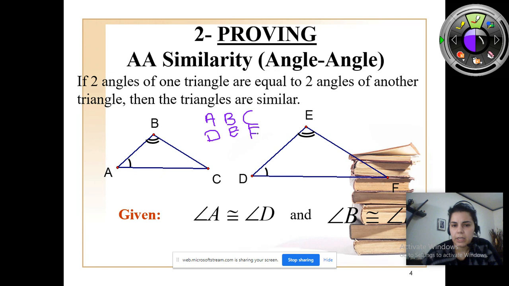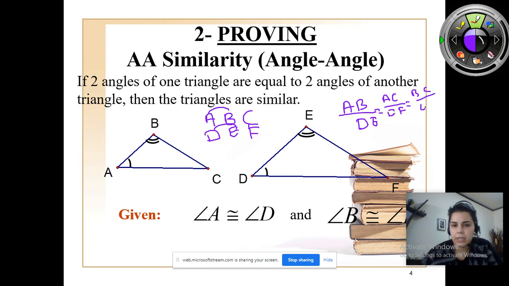And to write the ratio of similarity, I write AB over DE. Did you see it? So the ratio of similarity is AB over DE. So this is the proportional relation, it is equal. For example, I can write AC over DF is equal to BC over EF. So this is the ratio of similarity.